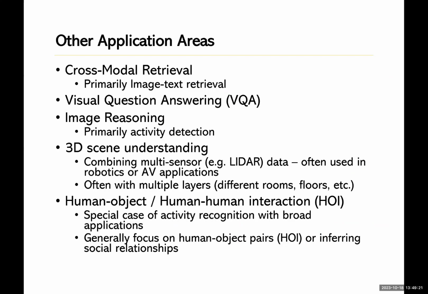So the other application areas that we have listed, I think we talked about all of them. But the point is that scene graphs can enable a variety of applications, giving you a kind of symbolic underpinning of some sort of reasoning process.